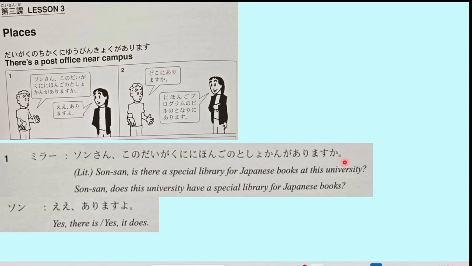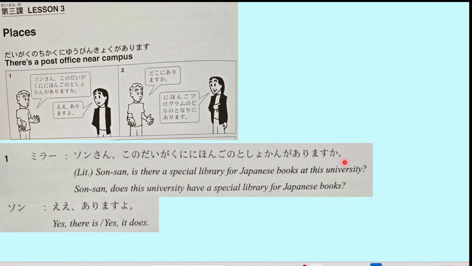Son-san, kono daigaku ni nihongo no toshokan ga arimasu ka? Now, kono, sono, ano, this you have already learned in previous lessons. Kono means this university, so it's talking about a specific university. Here kono is used as an adjective form. Kono daigaku ni nihongo no toshokan.